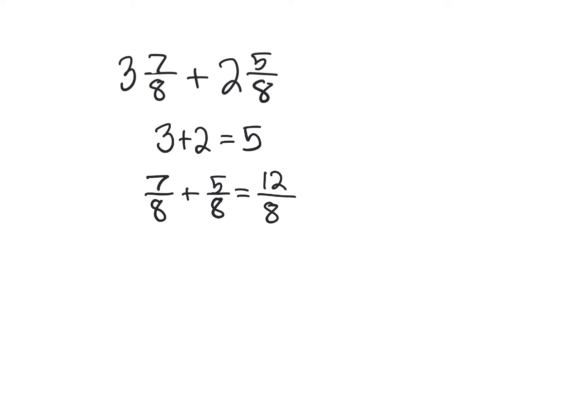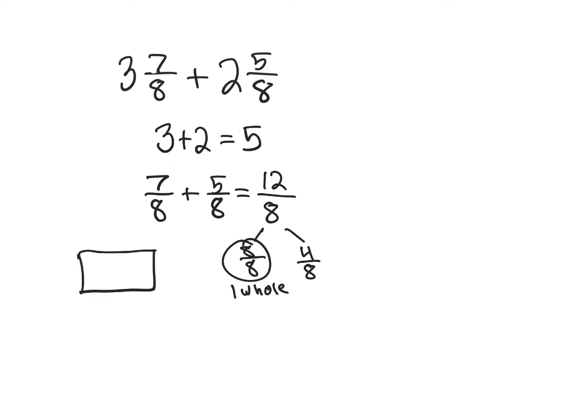I'm going to throw in one last thing. Instead of drawing this out, you could think of this as 8/8 and 4/8, because this right here is one whole. But if you didn't want to, you could always draw a picture of 12/8. There's a box with 8 pieces.